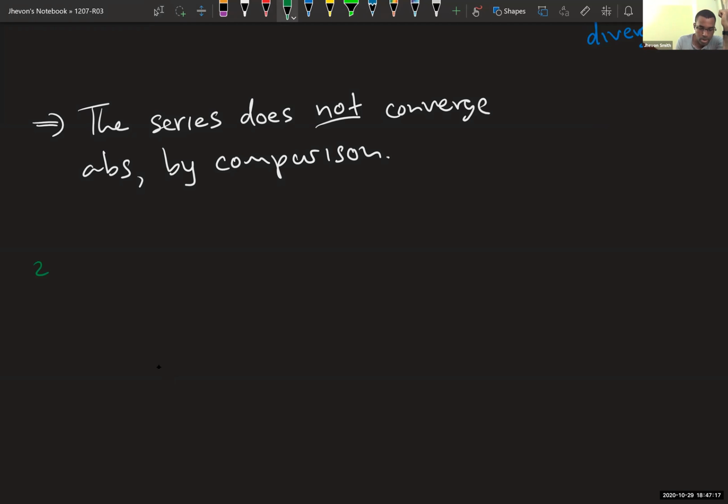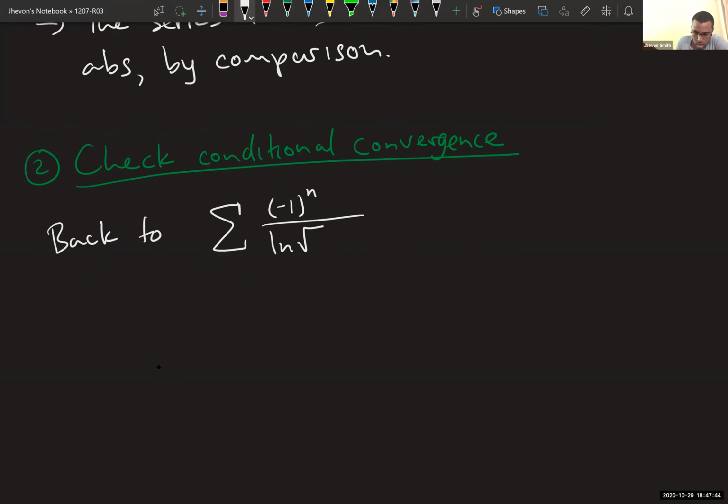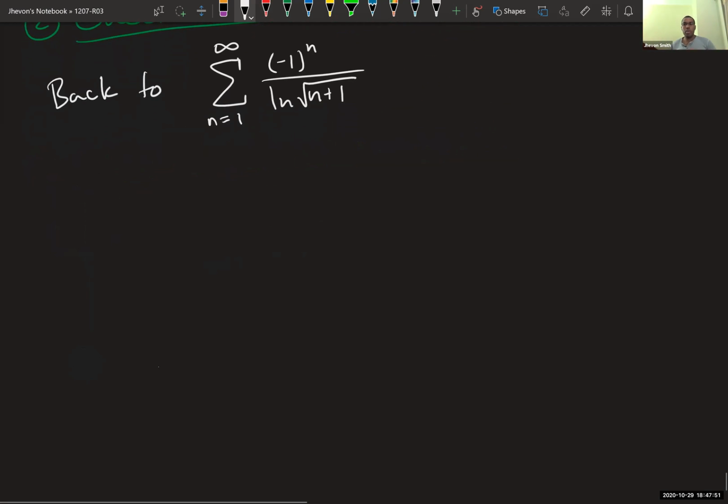So now I'm in step 2, check conditional convergence. What does that mean? It means I go back to the original series without the absolute values. All right, what can you tell me about this series?